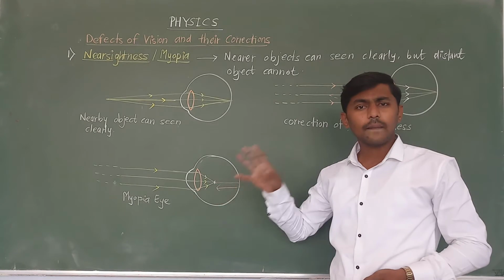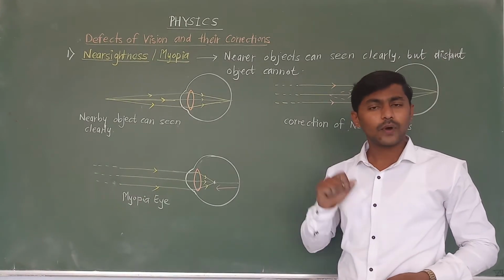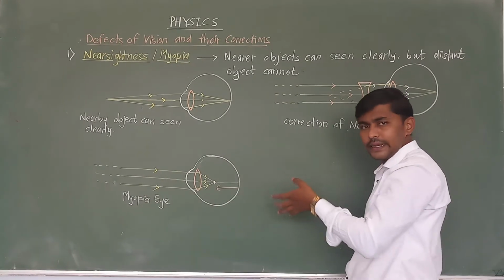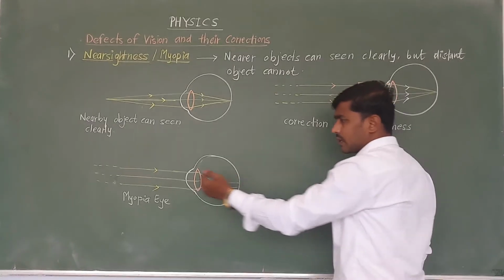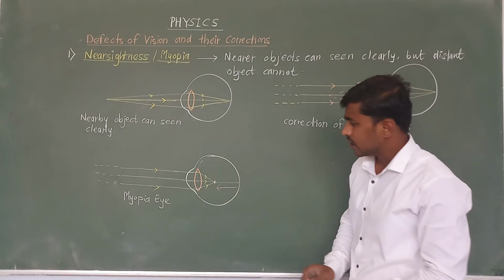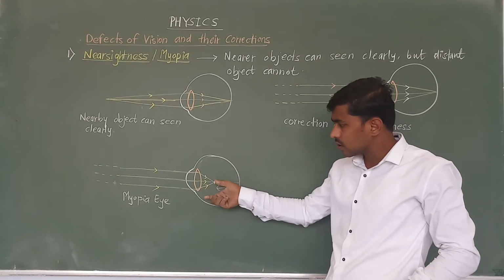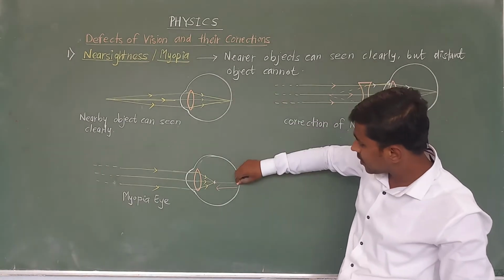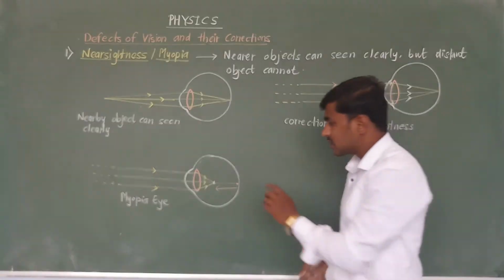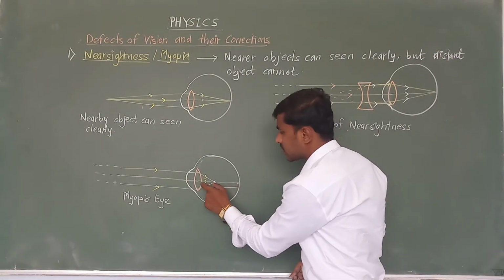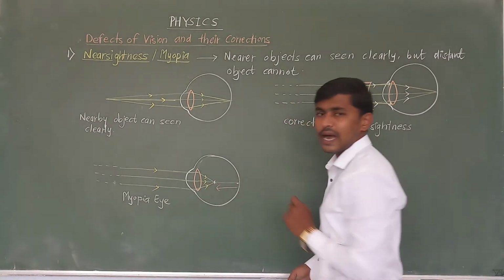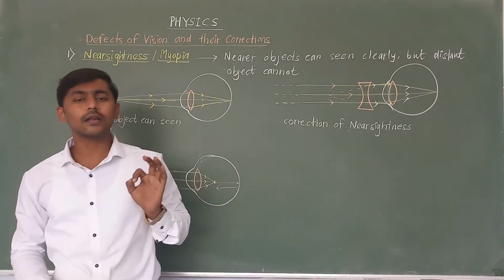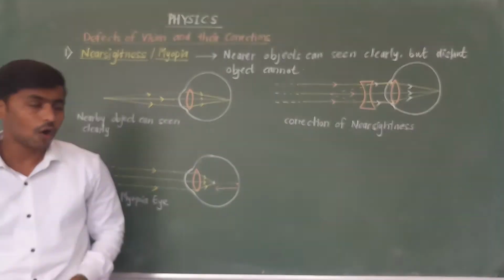This is called a myopia eye. What happens in myopia? These are the far rays coming from this far object. All those will come to our eye and should converge at this point, but this far point is coming closer to this eye, so that we cannot see a clear image of the far object.